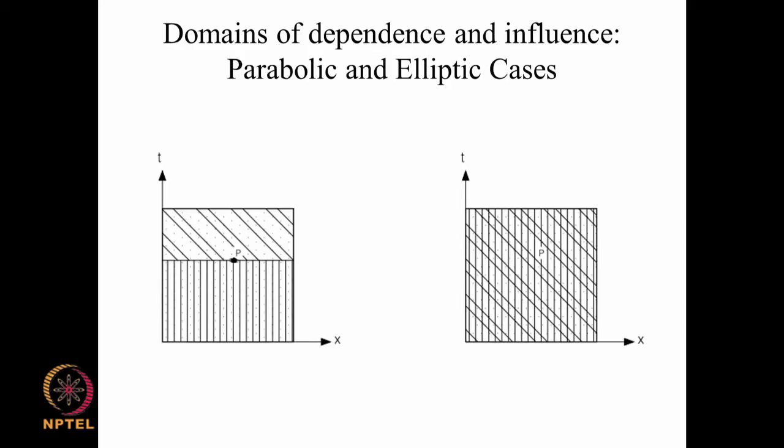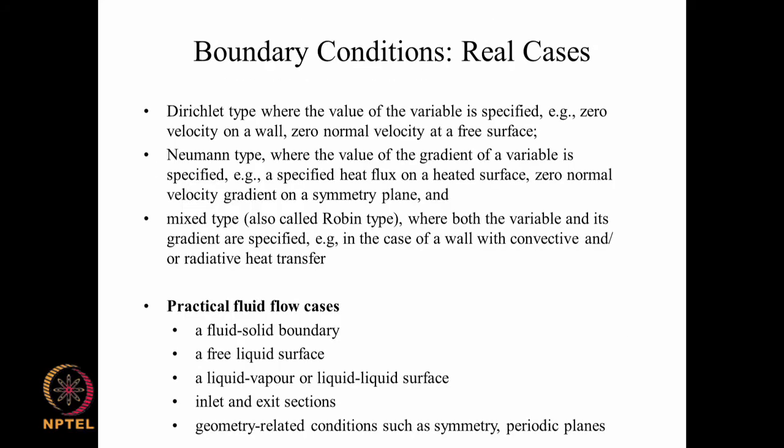Okay. Boundary conditions come essentially in three types here. One is the Dirichlet type, where the value of the variable is specified at the boundary. So for example, zero velocity on a wall, what we call a no slip condition, where the velocity of the wall is equal to the velocity of the fluid at that particular wall.